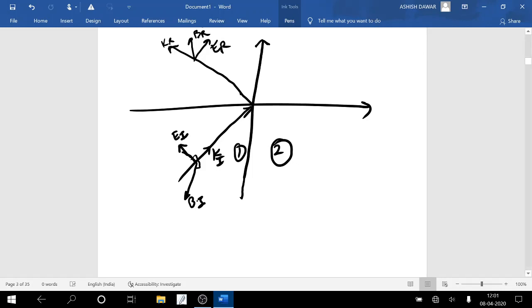Here is the angle theta_R, here the angle theta_I, z-axis, x-axis. Here is the transmitted wave at angle theta_T, with components E_T and K_T.